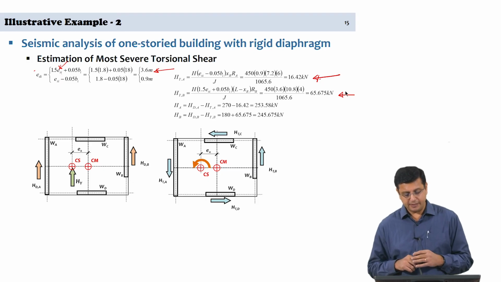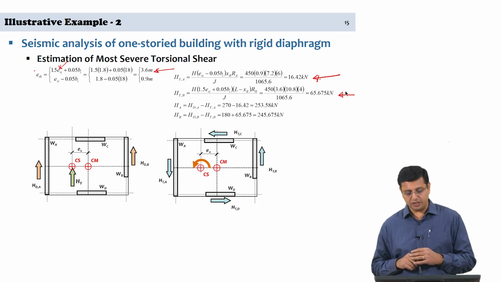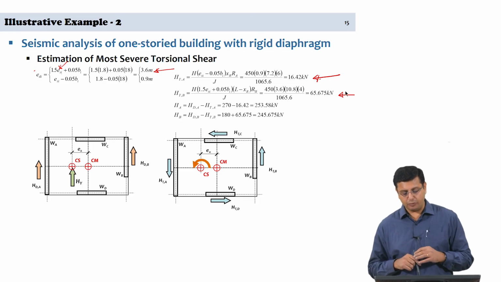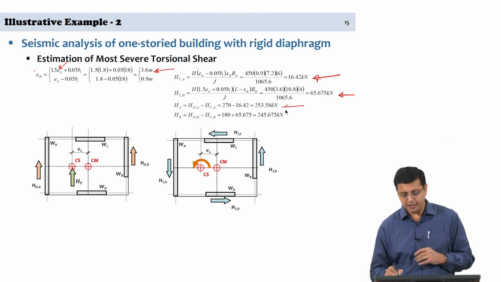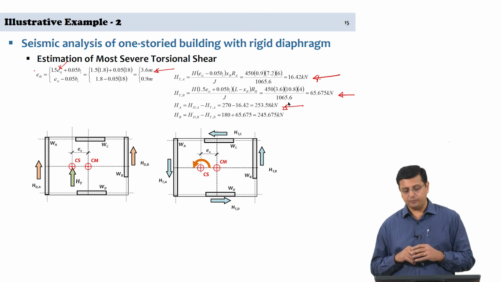Now coming to HA and HB, which are the total shear forces. In the first case, the direct shear force minus HTA will be the total shear force: 270 minus 16.42 kilonewtons, that is 253.58 kilonewtons, the worst case shear for this wall.